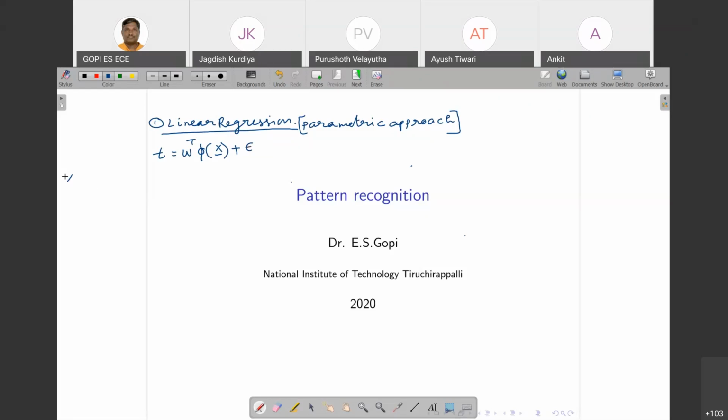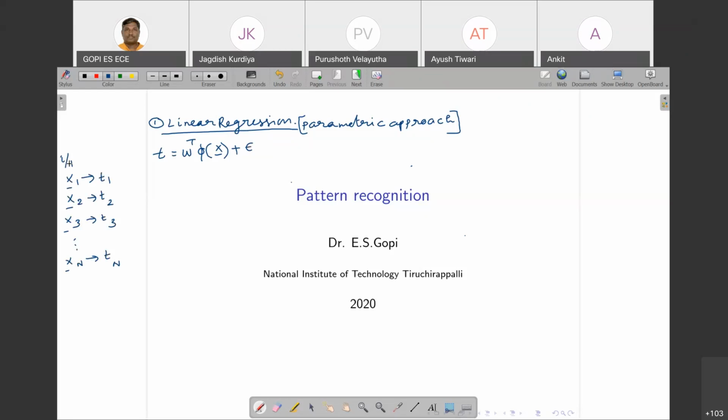So what is given to you is the data, and the corresponding target, which is the noisy observations. We can say x1, x2, x3 and so on up to xn. We have n observations, right?